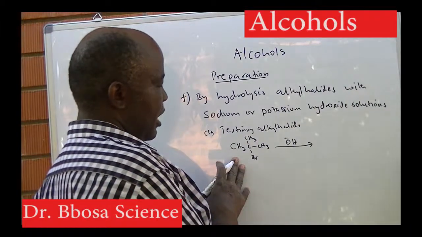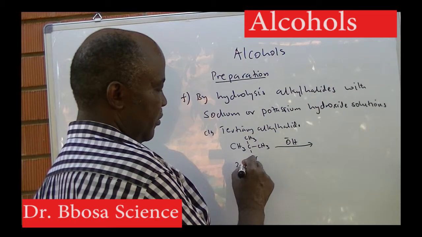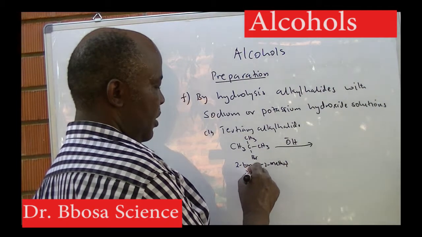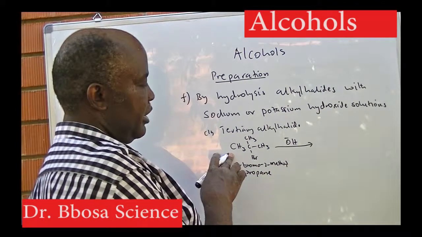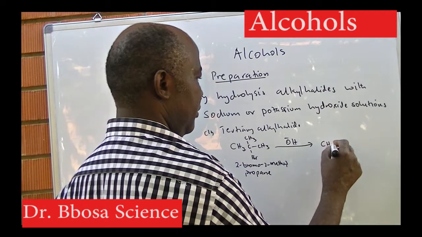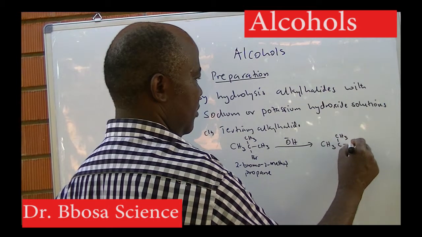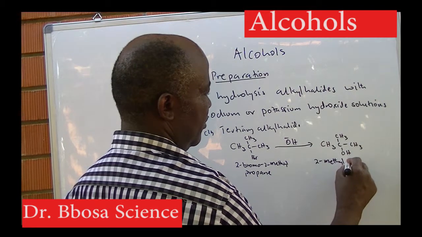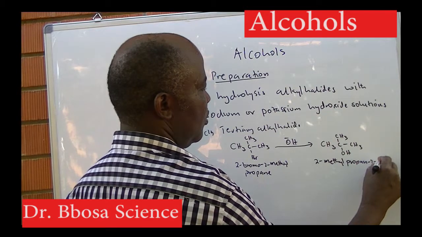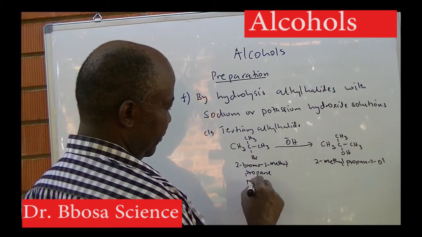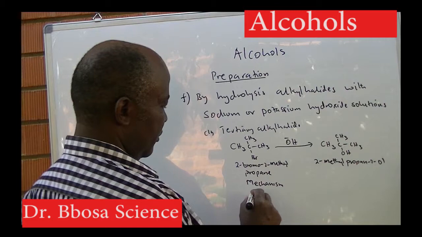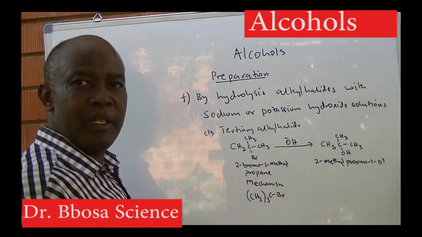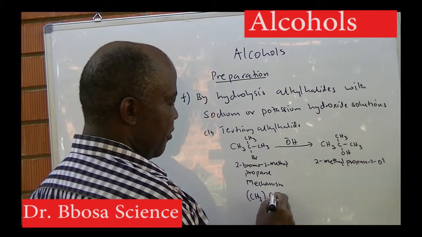Tertiary alkyl halide. An example is 2-bromo-2-methylpropane. It will undergo hydrolysis to form 2-methylpropan-2-ol. Mechanism. 2-bromo-2-methylpropane is a tertiary alkyl halide, so it first loses a bromine ion.